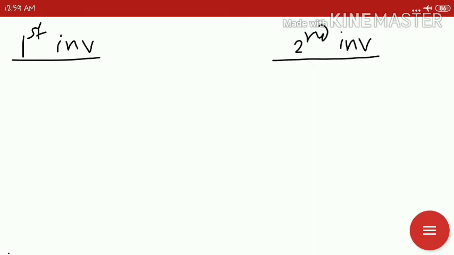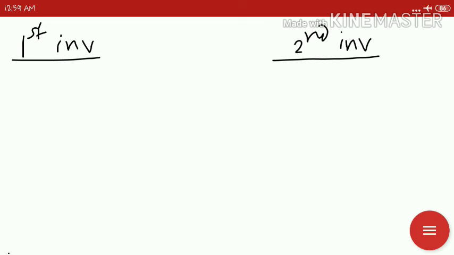Okay, so the solution is that we have to divide this sum into two parts, according to the two different types of investment. So first we assume that in the first investment he has invested rupees X, and in the second investment he has invested the rest of it.